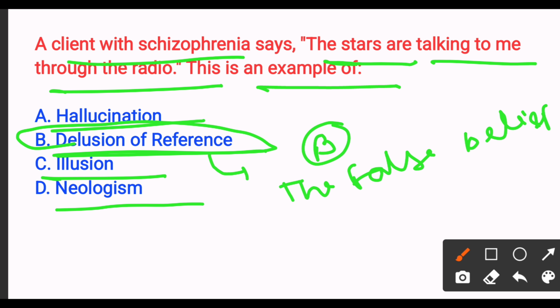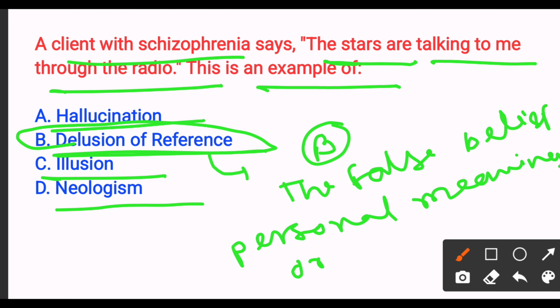Delusion of reference means the false belief that insignificant remarks, objects or events, like radio signals or the stars, have personal meaning or are a direct message sent to the individual. Hallucination would be hearing a voice when no sound exists.